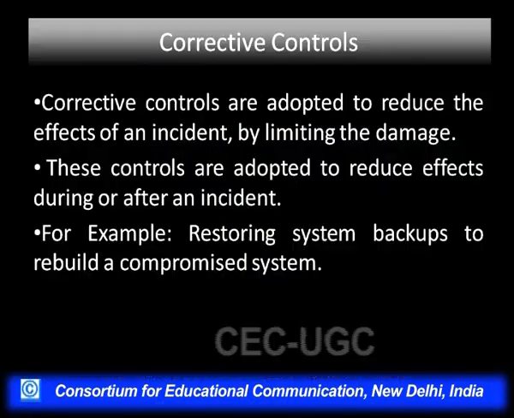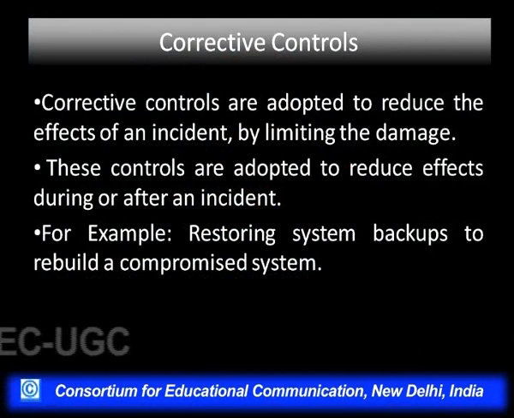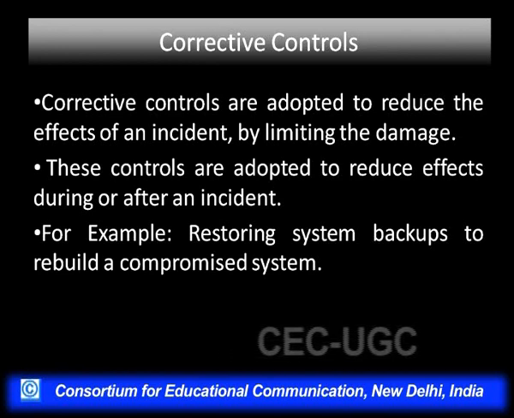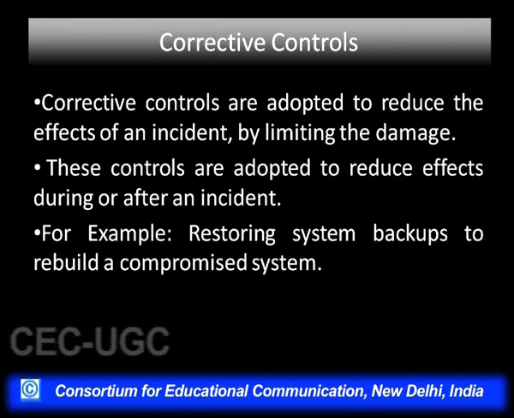Then we have corrective controls. Corrective controls are adopted to reduce the effect of an incident by limiting the damage. So if a threat has occurred, this kind of control aims at reducing the effect of this threat.